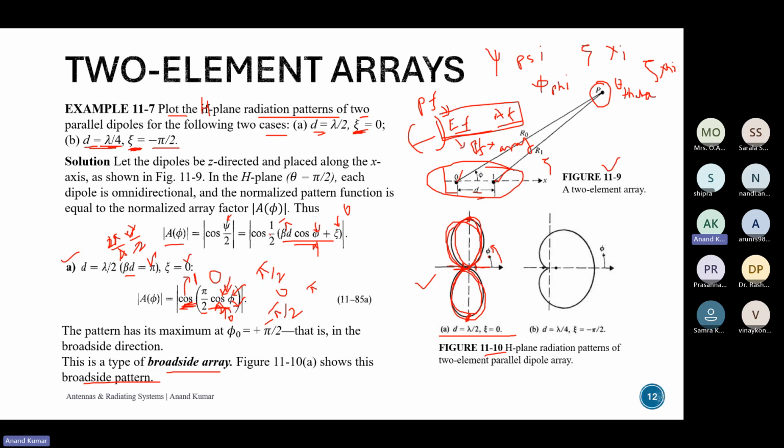So that's what we did here. We just substituted the values in the array factor, and we obtained the expression, and then we can just use maybe MATLAB to plot this. So it's not a very difficult thing to do.